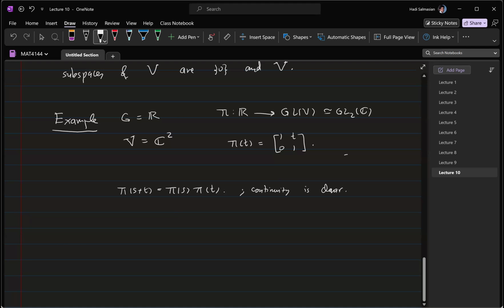Now, is it irreducible? Are there any subspaces of C2, other than the trivial ones and everything, that are invariant under this?